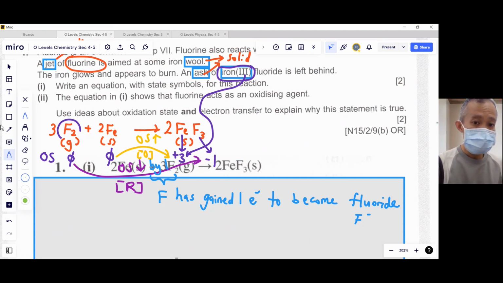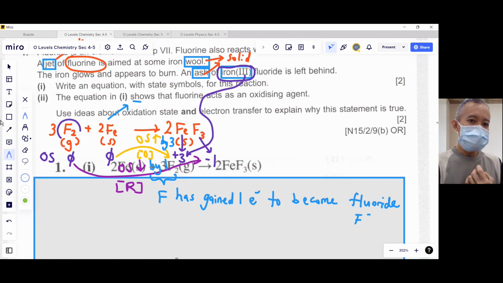And by now, you should be able to realize, for this one, OS has increased by 3. So what does that mean?